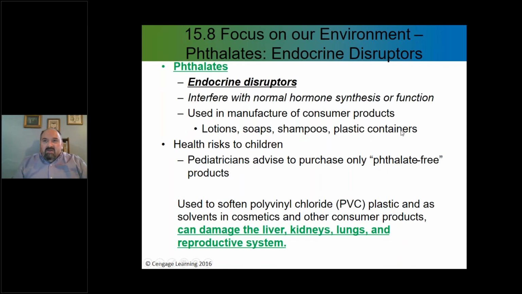So you think of issues like water bottles, right? So I recommend getting phthalate-free products. Also involved with PVC. So these products can long-term cause issues with your liver, kidneys, lungs, reproductive system, because they're affecting the endocrine function. And know that some people are more sensitive than others to these chemicals. Okay.